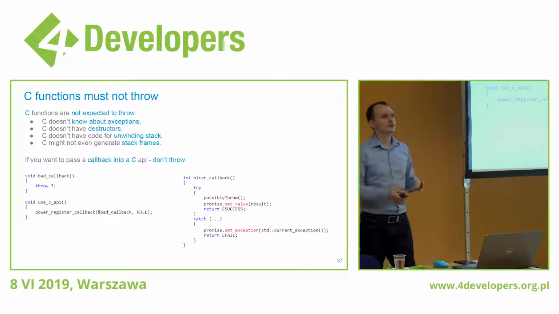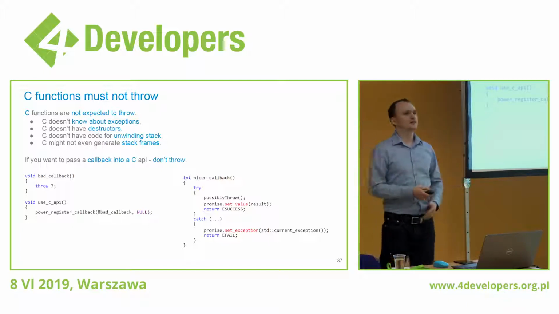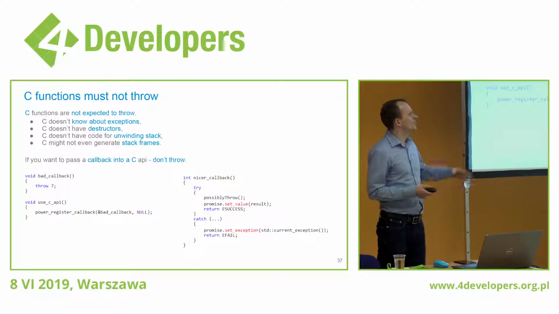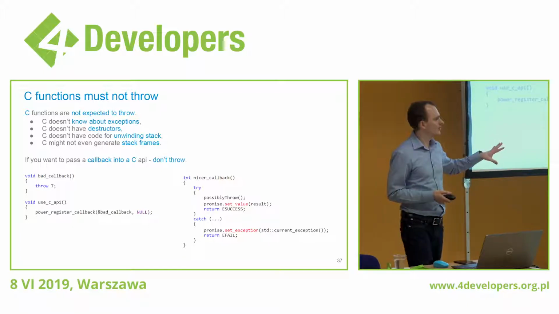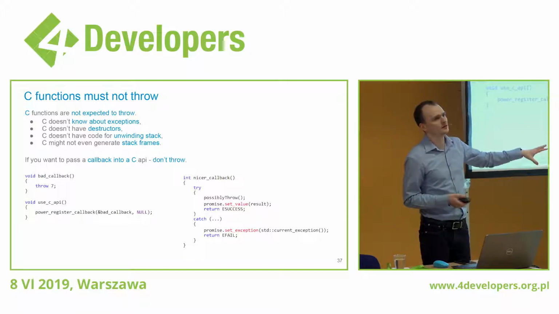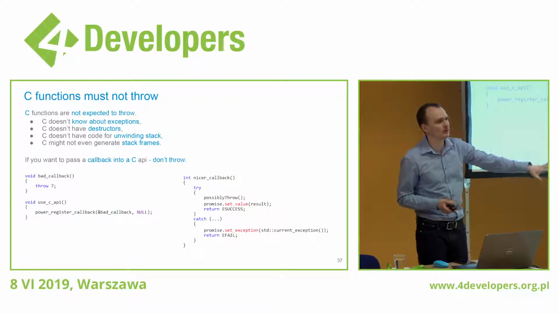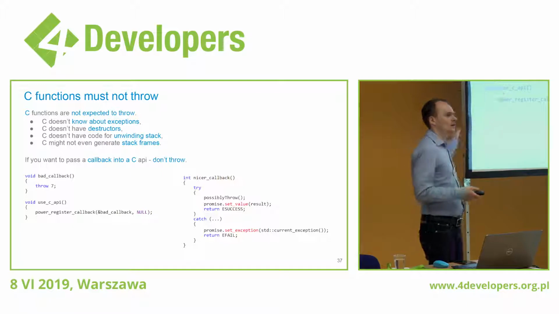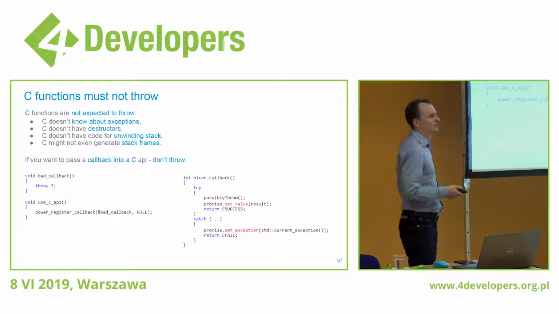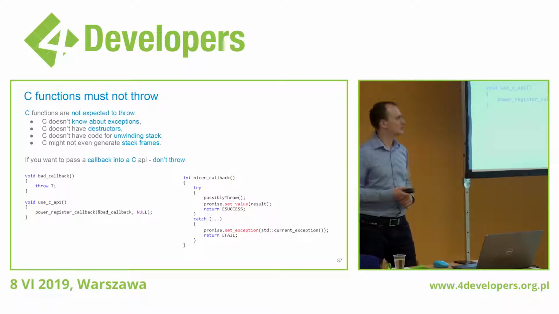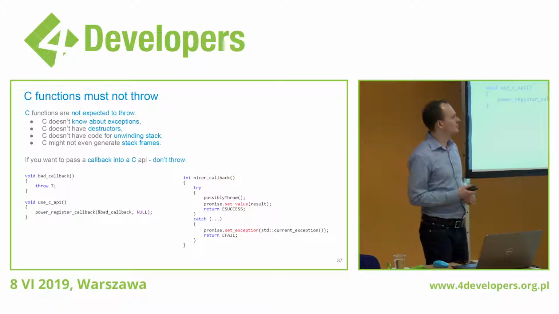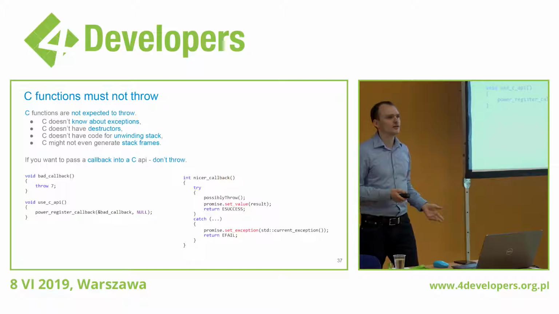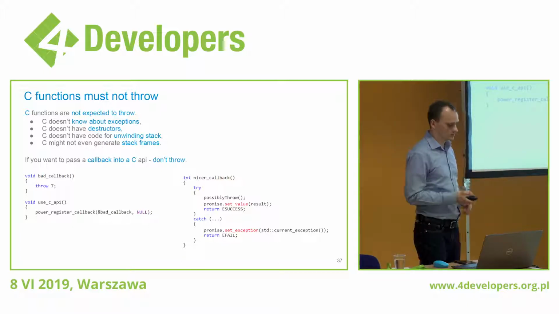And the C code is not written in a way that is aware of that. So you really have to catch all exceptions in your callback and then propagate them from your callback to your C++ code on the side. You cannot just throw it through C code. So for that, you can use either futures or exception pointer. Both work really nice.